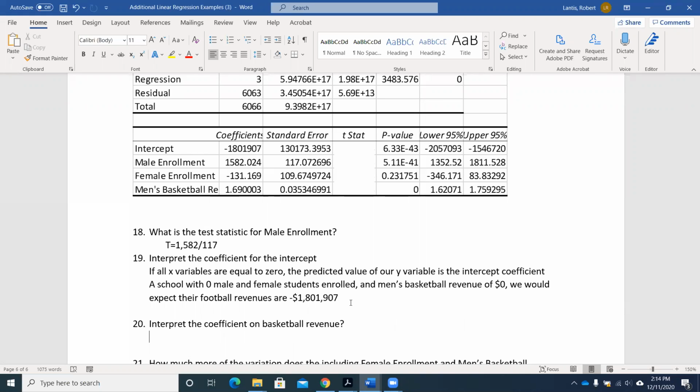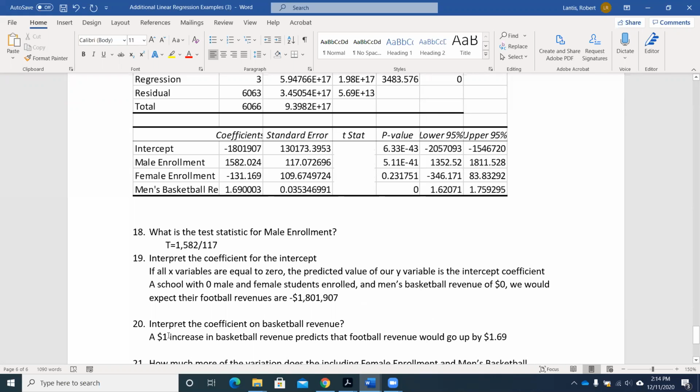We go back up and read about the variables. It's a $1 increase in basketball revenue predicts that football revenue, our y variable, would go up by whatever that coefficient is, which is 1.69. So $1.69, because our y variable is also measured in dollars.